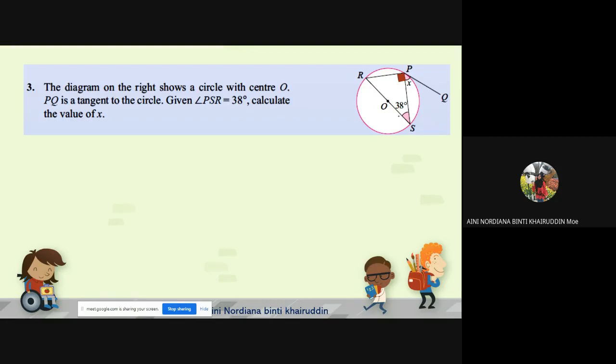As I mentioned earlier in my previous class, when you have diameter and then an angle at circumference, it equals 90. So angle X is actually equal to this angle, alternate segment. X, chord PS and then to the circumference. So how to calculate this X? 180 minus 90 minus 38.